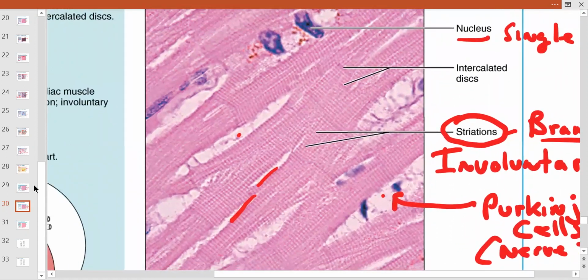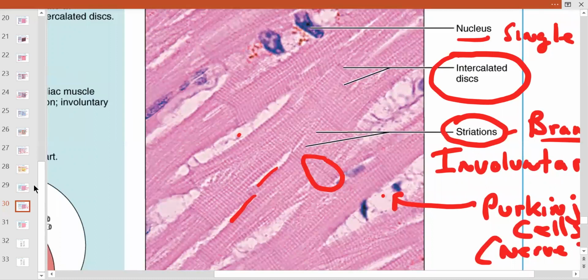Now here's the hallmark, and this is on every quiz and exam, all the way till you're done with A&P. And these are kind of faint, but here's probably the best one. This is an intercalated disc. These little lines here are junctions between muscle cells, and they create a tubular area for ions to flow between gaps between the muscle cells of the heart, cardiac muscle cells.